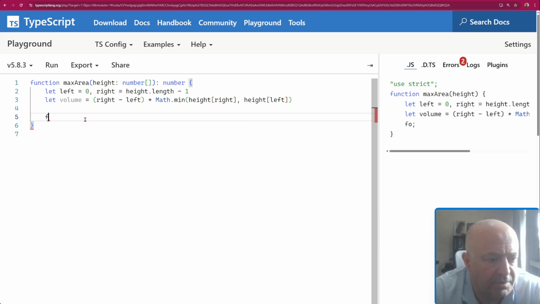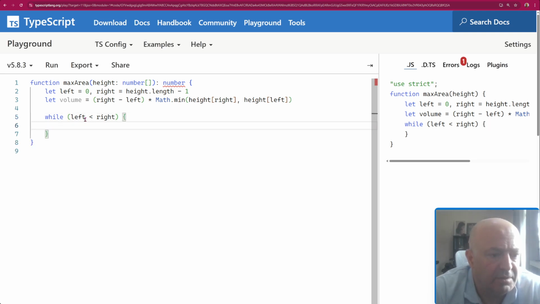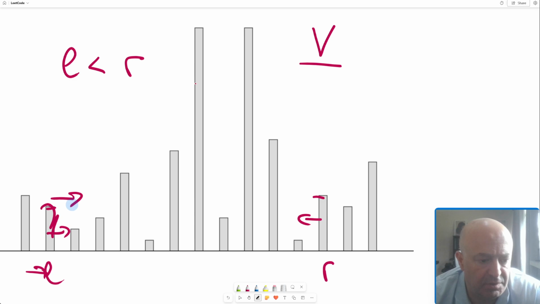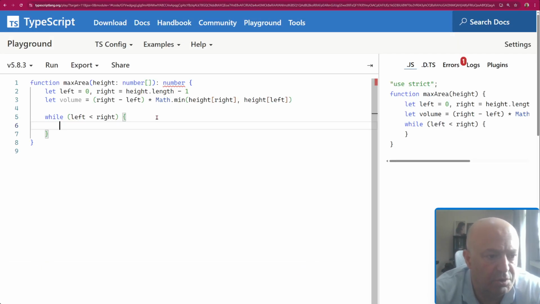While left is less than right, that's what we said, right? Now, what we should do is basically, we are going to move the lowest wall inwards. Just look at the picture. If this is the lowest wall, we're going to move it inwards. And how should we do it?